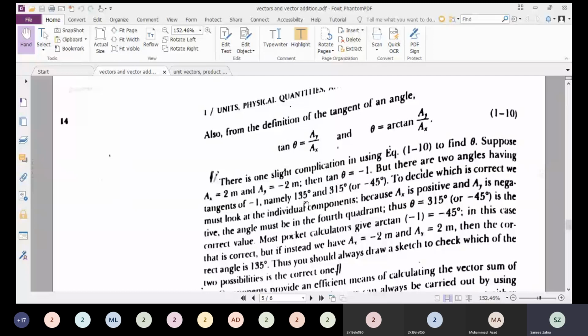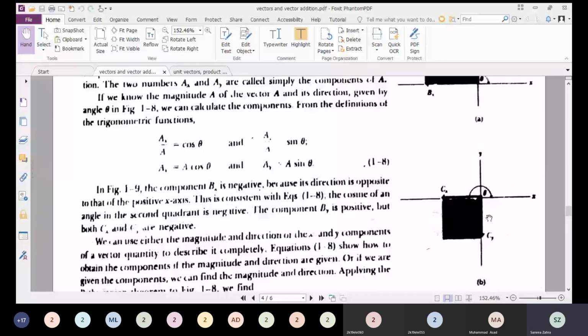We will go towards our quadrants and check which component is negative and which is positive. See here, we have x positive and y negative. Which quadrant will it make? So we will have the fourth quadrant.